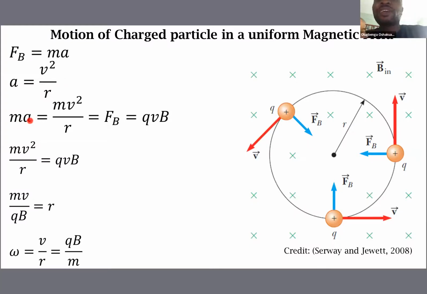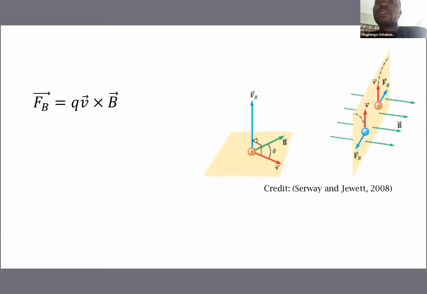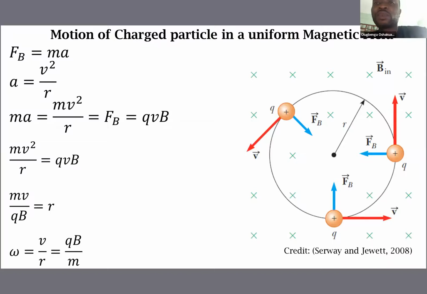When we multiply both sides of this expression by mass, we have ma equal to mv squared over r. And since ma is equal to FB, then the expression we have here is the same as FB. And from the expression we had in the previous slide, FB equals qv cross B.